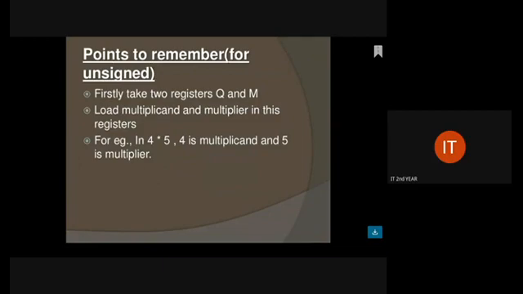We are naming these registers Q and M. Secondly, we load the multiplicand and multiplier into these registers. For example, if we are going to multiply 4 and 5, then 4 is the multiplicand and 5 is the multiplier. We convert 4 and 5 into binary numbers and place them in the registers Q and M.